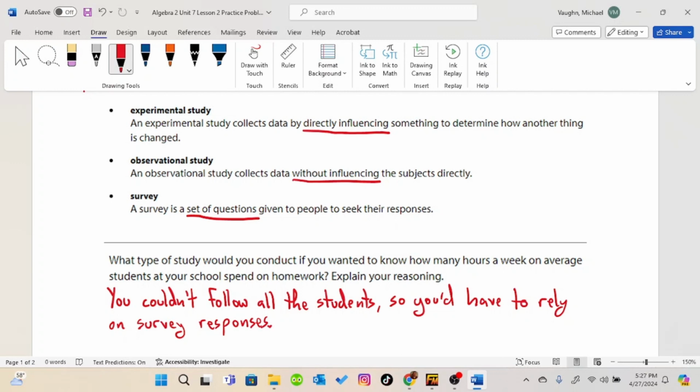So you would have to create a questionnaire, give it to students, and rely on them to truthfully answer the questions.